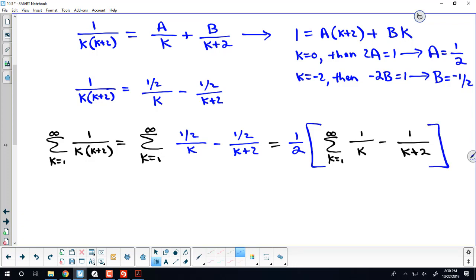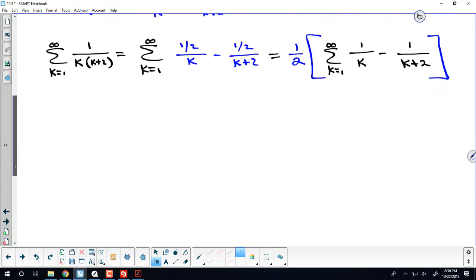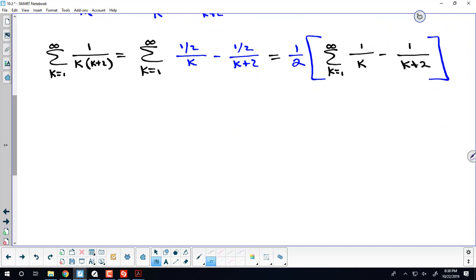Then we can just look at the series that we have in brackets, find the nth partial sum, take the limit, then multiply everything by the half, or you can just keep the half in the entire process. It's really up to you. I'm just going to look at this right here, and then multiply it by half.